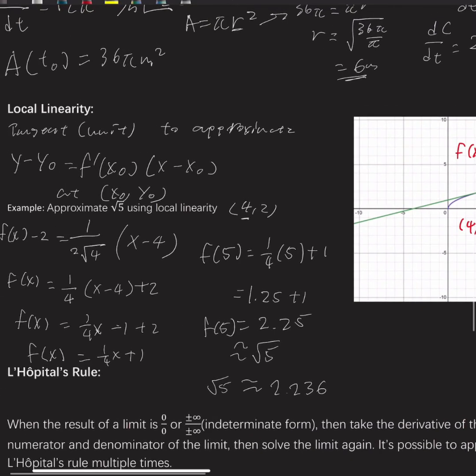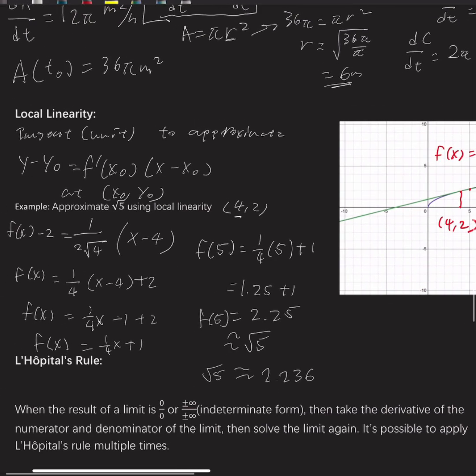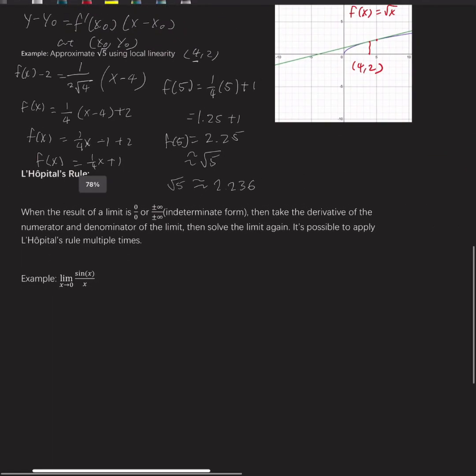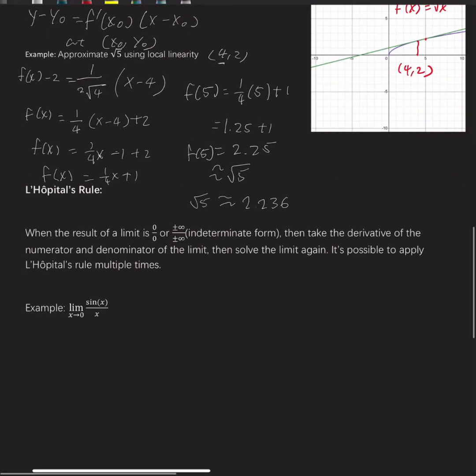And our last concept is L'Hopital's rule. L'Hopital's rule is a really powerful tool when you're calculating limits. So here's what it is.